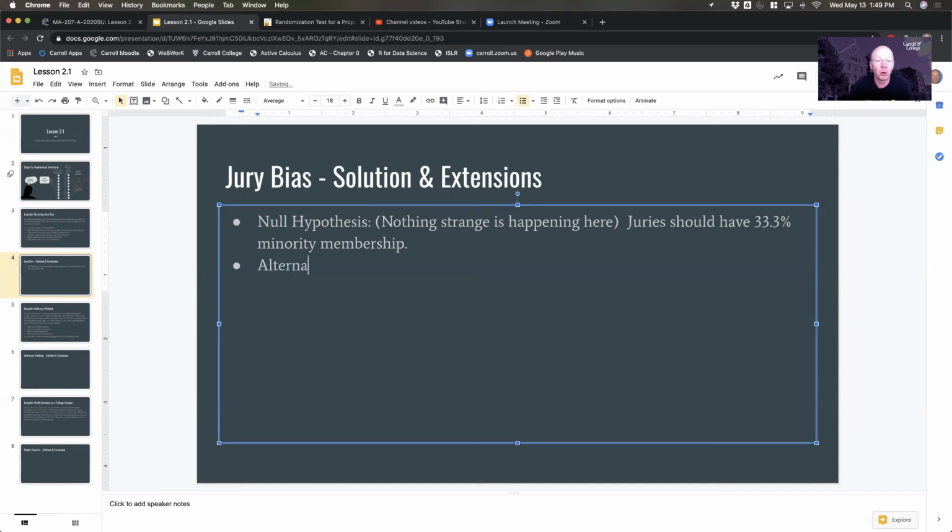Now, the alternative hypothesis, the thing that we want to test against, is that juries in this particular community actually have some sort of bias.